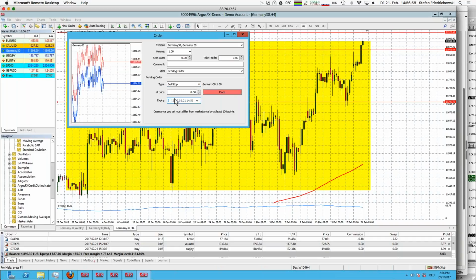So only if the price goes down, then we open the trade, but now to the south direction. So we can comment everything here.